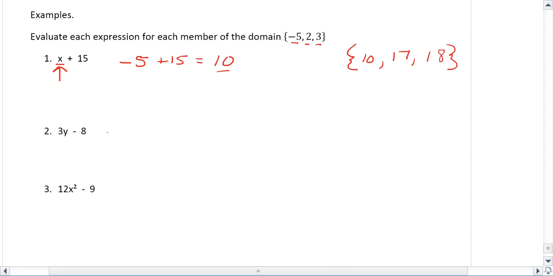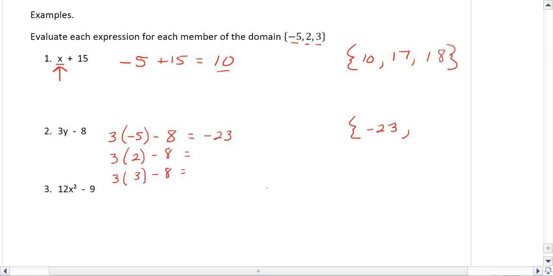All right, likewise for example 2. Let's take the -5 and put it in where the y is. Sometimes I call this step "do the math." So then that'd be -15 minus 8. So the first element in this range would be -23.